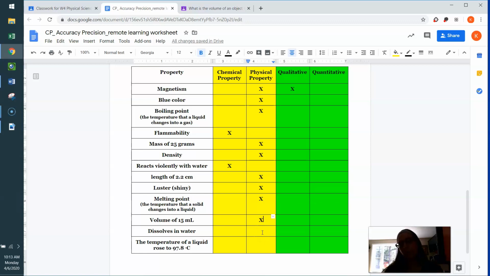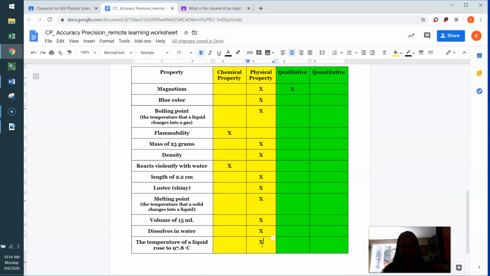Now, dissolving can be one of those confusing pieces because you think that it is changing the substance that is being dissolved, but it's not. It's just spreading that substance throughout the liquid. If you were to evaporate the liquid away, you get the substance back in its same form, which makes it a physical property. And temperature as well. Temperature is just a physical property, just tells you how warm something is in comparison to the environment.